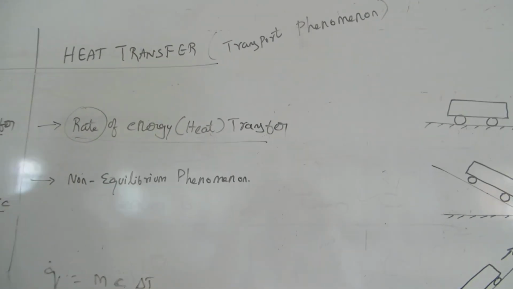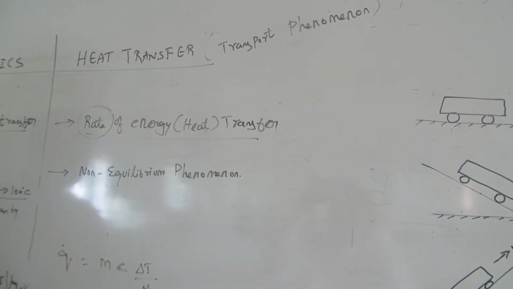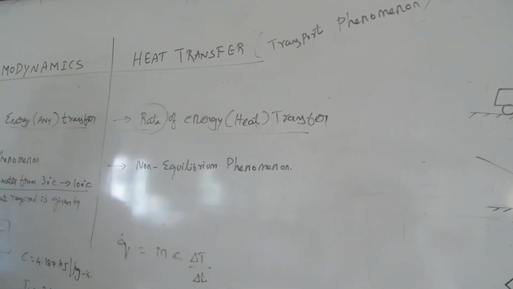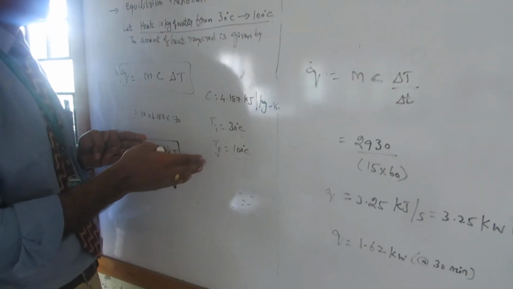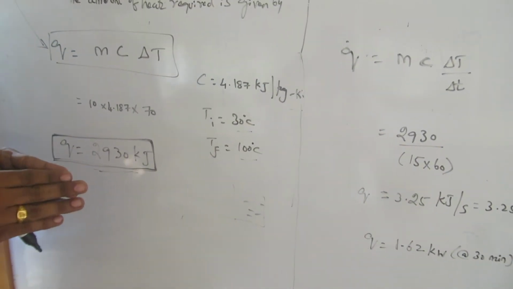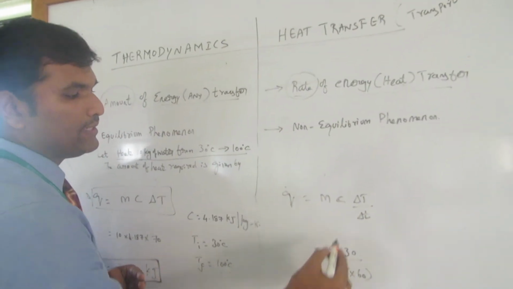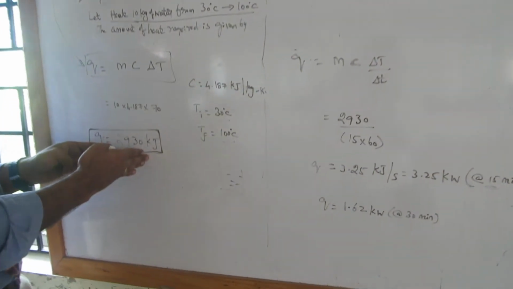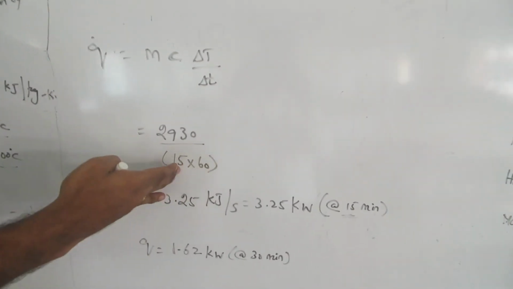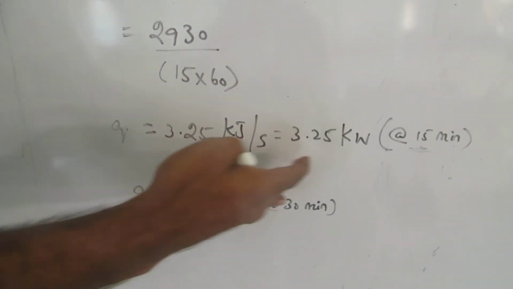Whereas heat transfer tells about the rate. What is the time? So for instance, if I need to achieve this temperature difference of 70 degrees centigrade within 15 minutes, I divide this amount of quantity by 15 cross 60, that is 15 minutes converted into seconds, and I get 3.25 kilowatt.